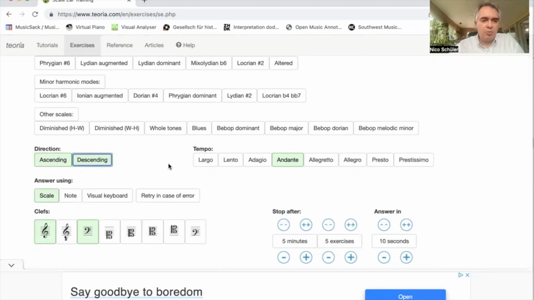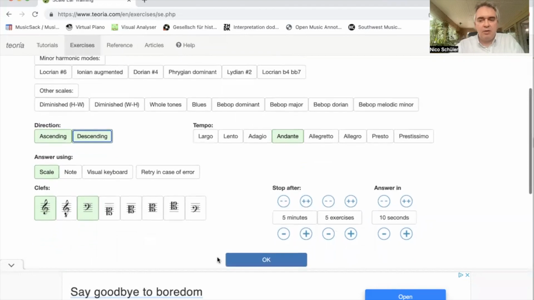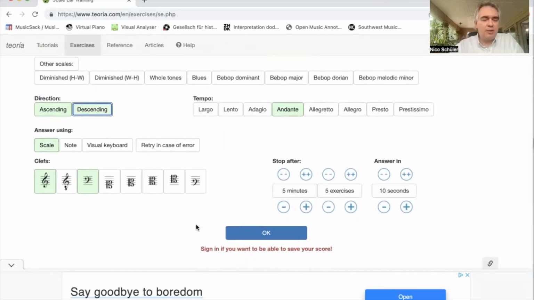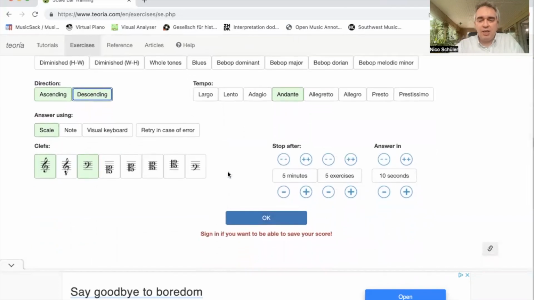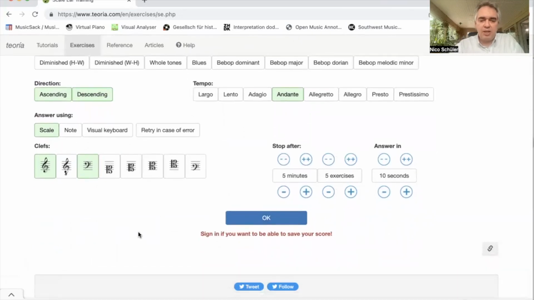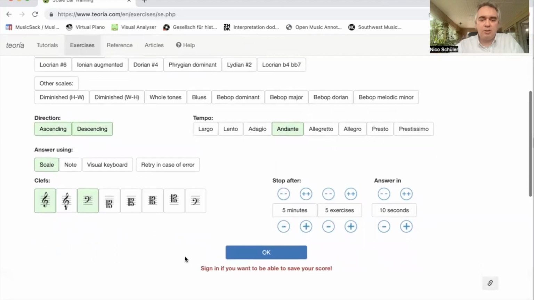Let's say we choose both ascending and descending, but note that the melodic minor scale descending may be played differently than ascending. And we want to look at the answer maybe in a treble clef and bass clef. If you read some other clefs, you can select those as well. So now once I hit OK, it will already start playing a scale. So we need to listen.